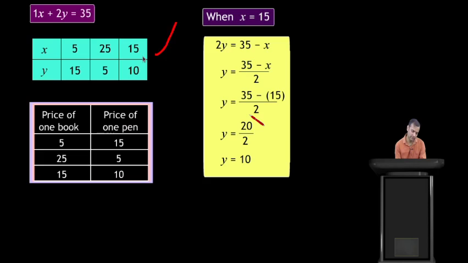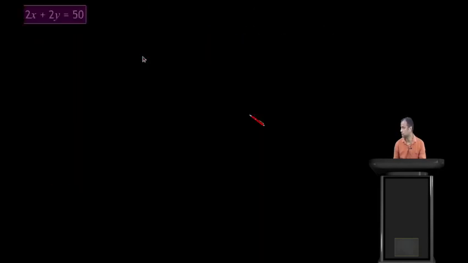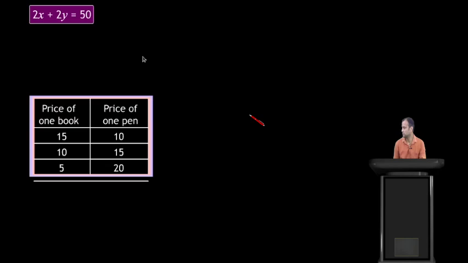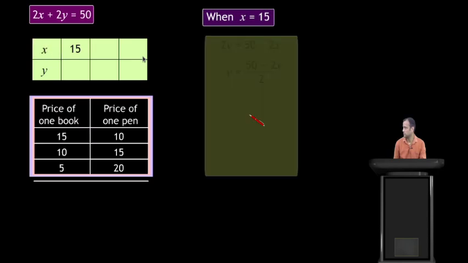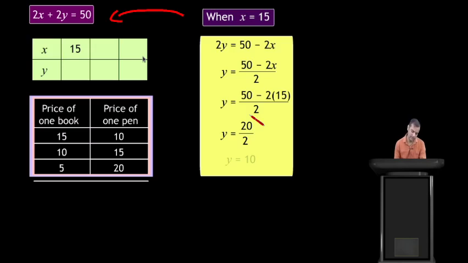Now we can draw the graph using these points. Like first one is 5, 15. Second one 25, 5, and so on. This is our equation. So if we take x equals 15, then after putting x equals 15 in this equation, we will get y equals 10.